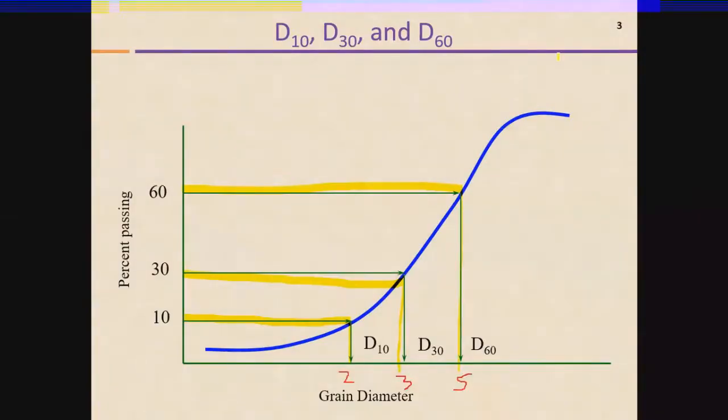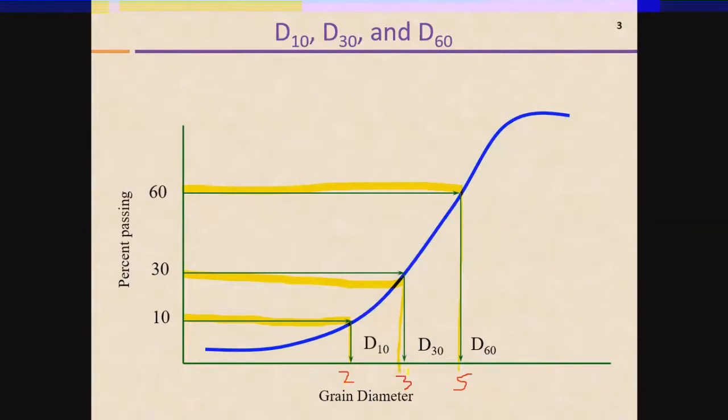Now guys, what is the meaning of D10, D30 and D60? Let's suppose from this particular graph the value of D10 is equal to 2 millimeter. So that means that 10% of the material present inside the soil mix is finer than 2 millimeter, and 90% of the material present inside the given soil mix is greater than 2 millimeter.